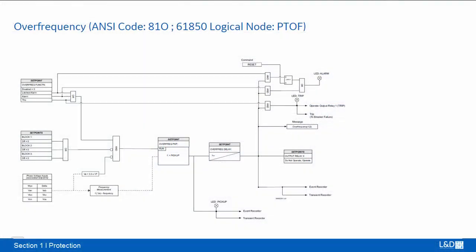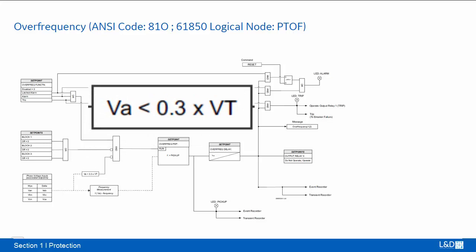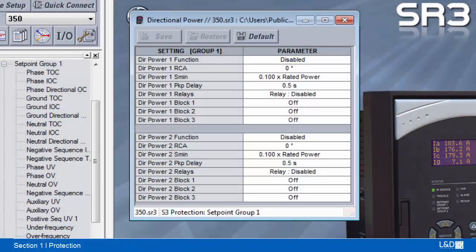The overfrequency logic diagram is almost identical to the underfrequency element. One difference is that the minimum supervision voltage level is fixed at 30% of VT, while in underfrequency it is adjustable. Directional power is available for 350 and 339 relays.